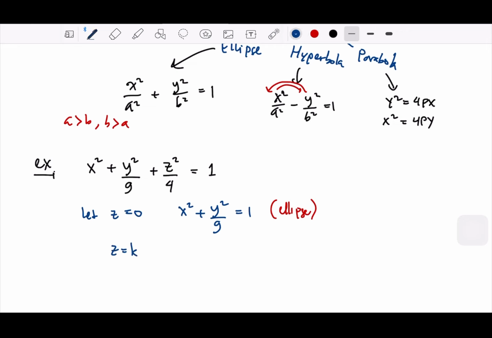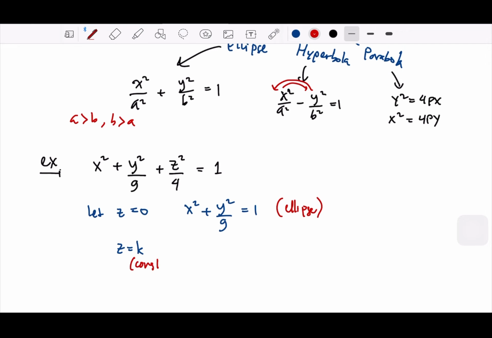If we take z equal to a constant, we will still have an ellipse in the xy plane, but with a different height. So we are shifting our ellipse upward or downward.